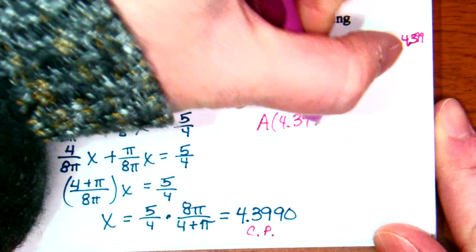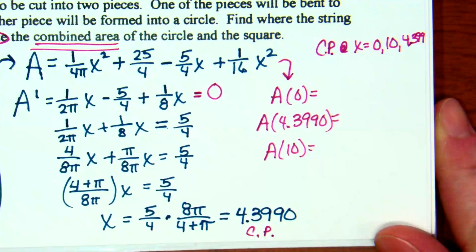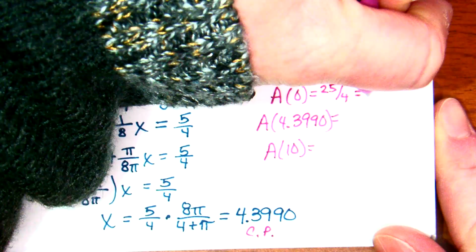Do you guess it's going to be the 0? Well, maybe that's 10. I don't know. If we plug in 0, you can see that you end up with 25/4, which if you change that to a decimal for comparison's sake, it's 6.25. I have written down that when you plug in 4.399, you get 3.5006.